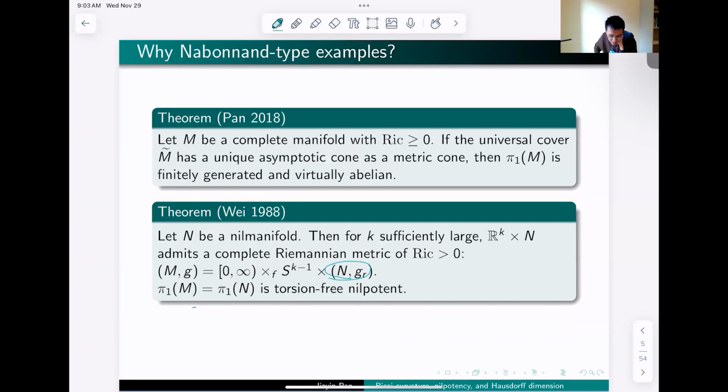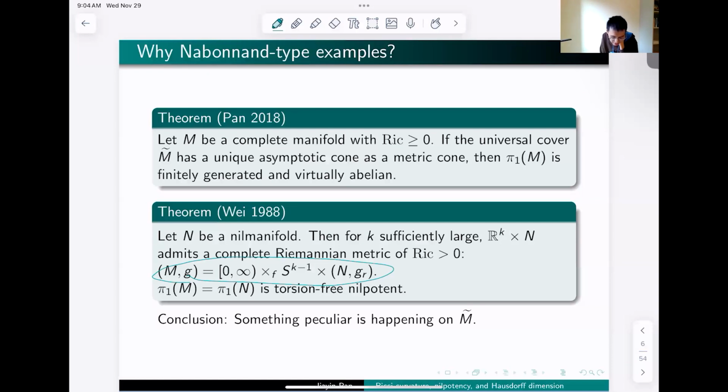When you combine these two results and list them side by side, you'll see that something peculiar is happening on the universal covering of M. In this example, if you take the asymptotic cone of the universal covering, it must be not unique as a metric cone.